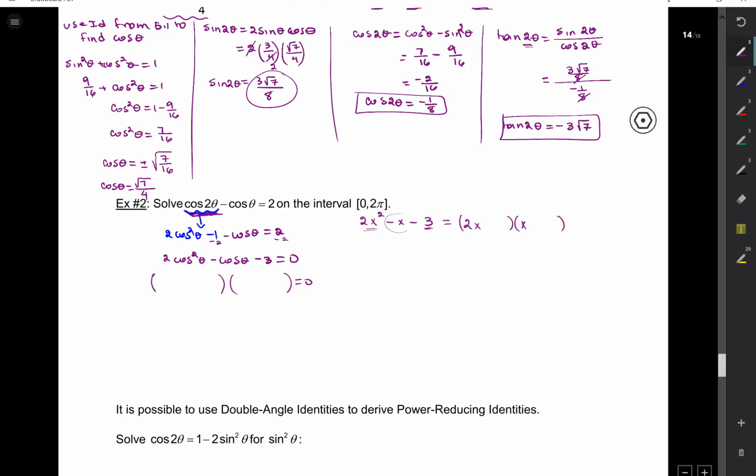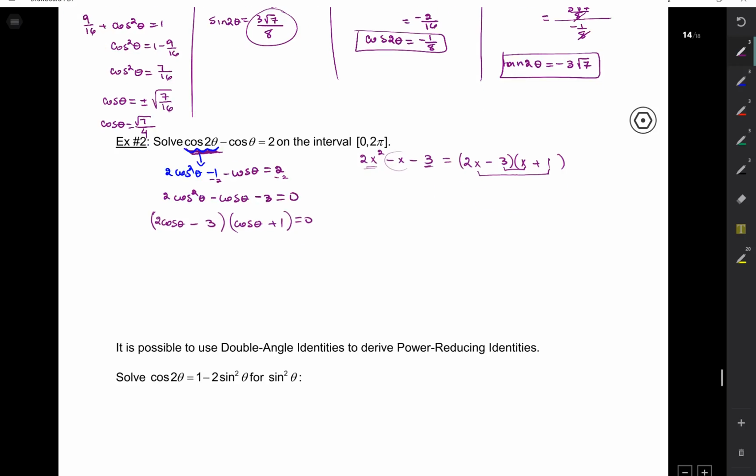So if I do negative 3 here and positive 1, look at this. 2x minus 3x gives me negative x. So that's the factored form where you have x's, not cosines. In terms of cosines, it's 2 cosine theta minus 3, cosine theta plus 1.